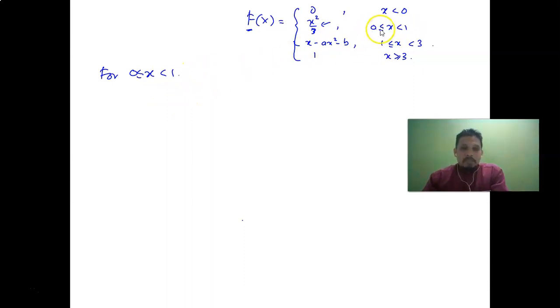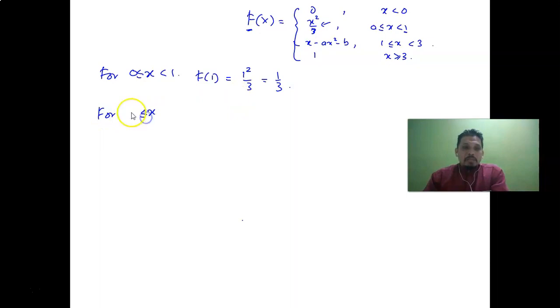Substituting 0: 0 squared divided by 3 equals 0, meaningless. So we look at the value of 1 here. F(1) equals 1 squared divided by 3, which equals 1 over 3.